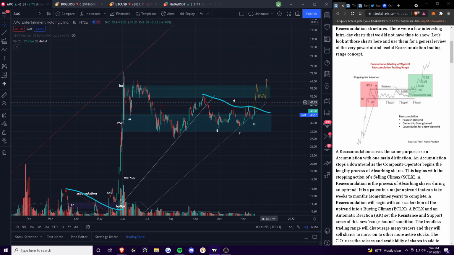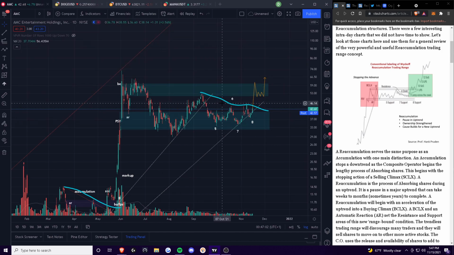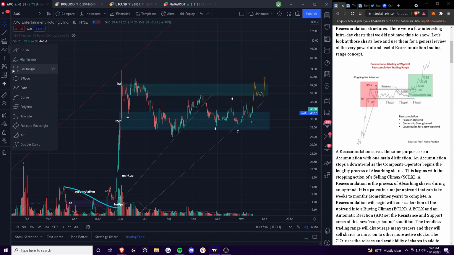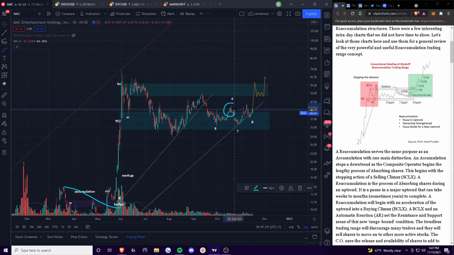But this is what I want to see. I want to see this big conviction move up. This is not satisfying that. These moves down here, they are not doing that right now, okay?